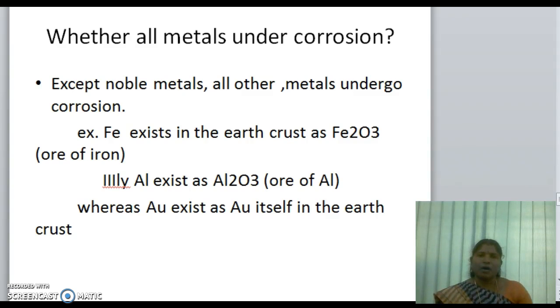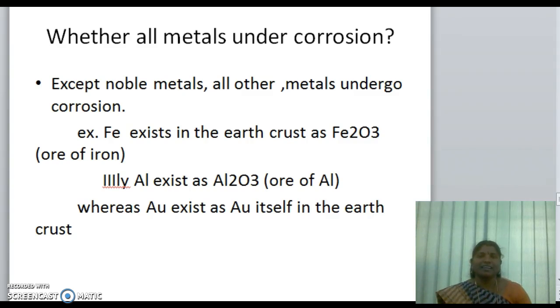Do all metals undergo corrosion? Definitely not. Except noble metals, all other metals undergo corrosion. Why don't noble metals undergo corrosion? Because metals exist in the crust in the combined state, either as oxides, sulfates or carbonates. Gold does not exist as oxides or sulfates or carbonates; gold exists on the earth crust as gold itself.